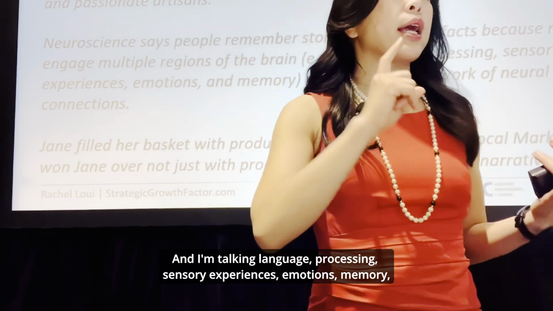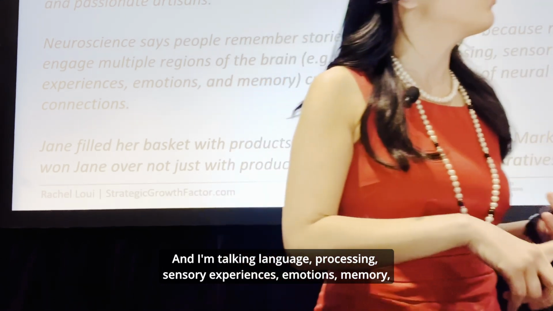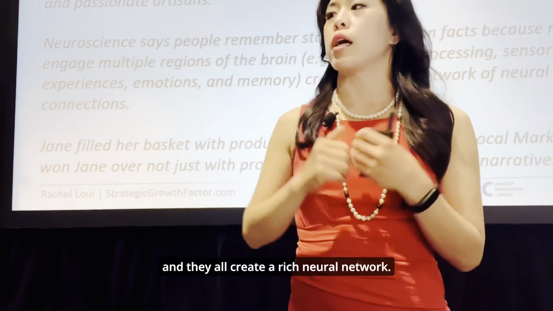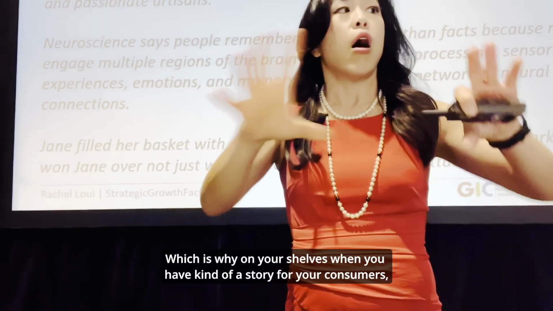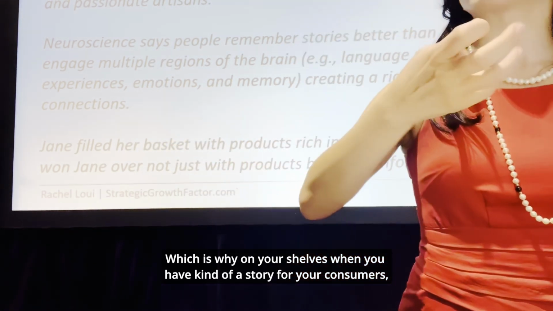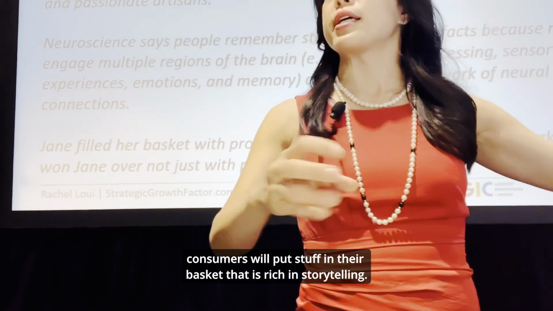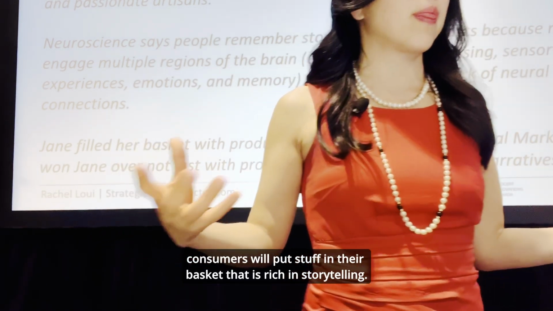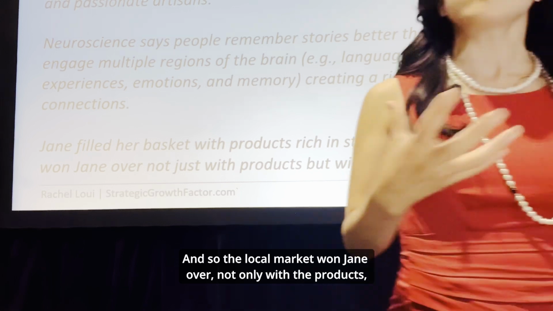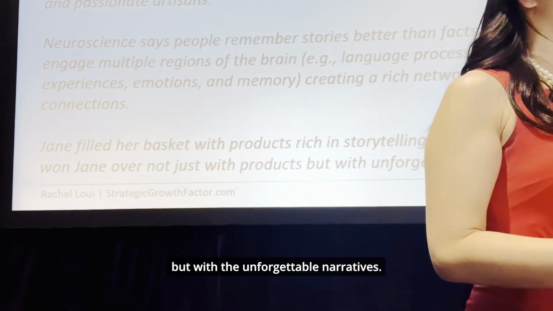I'm talking language processing, sensory experiences, emotion, memory, and they all create a rich neural network, which is why on your shelves, when you have a story for your consumers, consumers will put stuff in their basket that is rich in storytelling. And so the local market won Jane over, not only with the products, but with the unforgettable narratives.